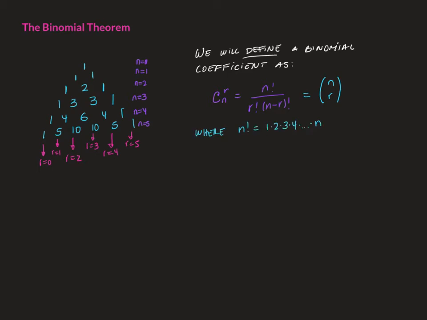N factorial is defined as the product of the natural numbers from 1 to n. Now there is another interpretation to this coefficient. When we touch on the topic of combinations and permutations, we are going to be able to understand the connection between the Pascal's coefficients or binomial coefficients and combinations.